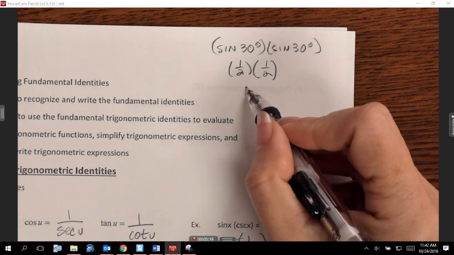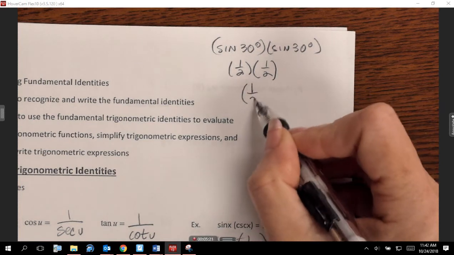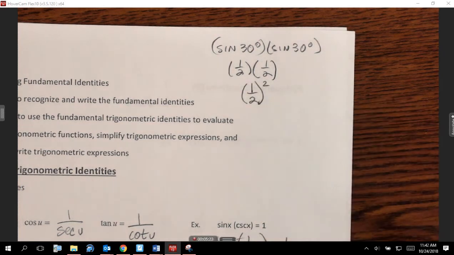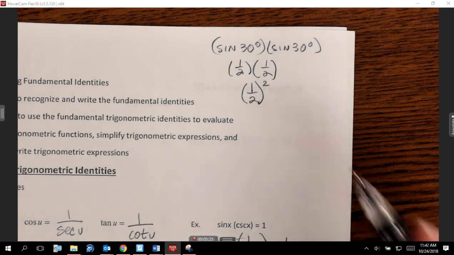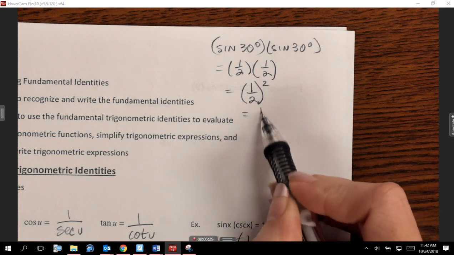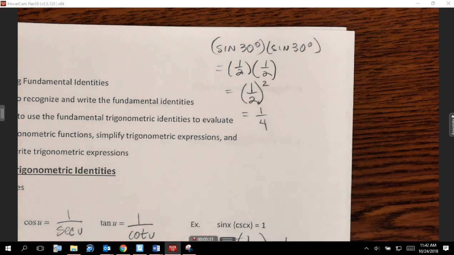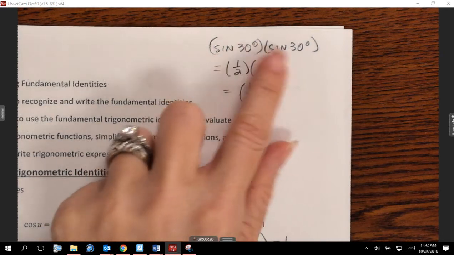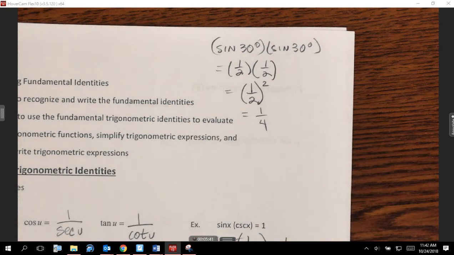Then I'm going to have to do 1/2 times 1/2. By the way, if anybody's curious, 1/2 times 1/2 is 1/2 squared. And what is 1/2 squared? 1/4. Okay. So now here's a silly question. What part of the original question did I actually write squared?